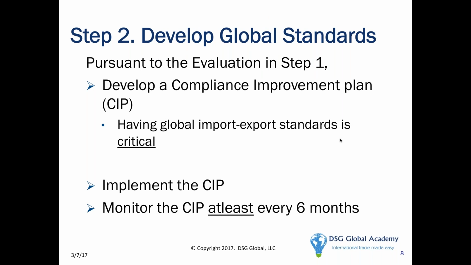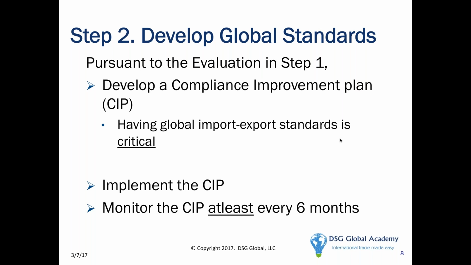Once I've done this evaluation for a company, and you identify out of the 50 countries you do business in which 10 are highest risk, which are lowest risk, which are moderate risk, I always recommend creating global standards. Global standards is really like your import and export policy and procedures manual, but you're creating it on a global level.